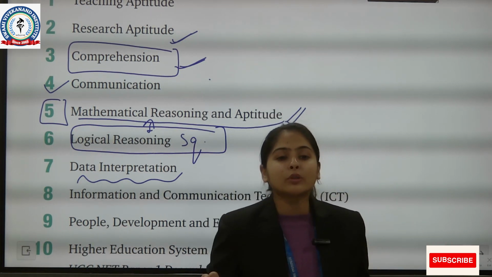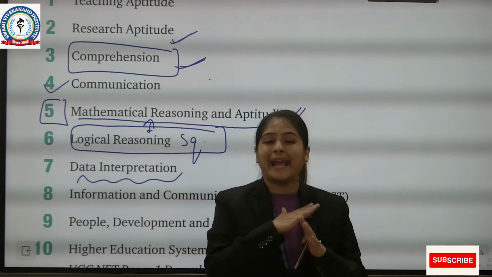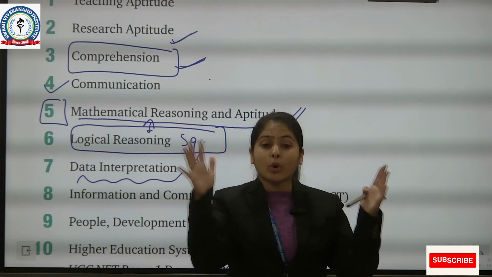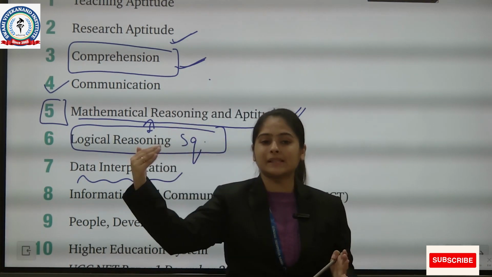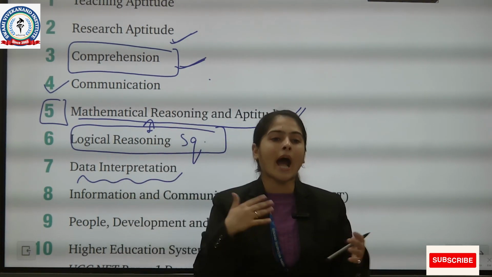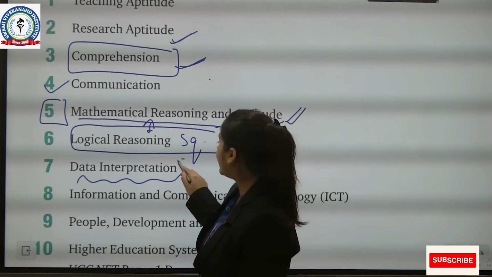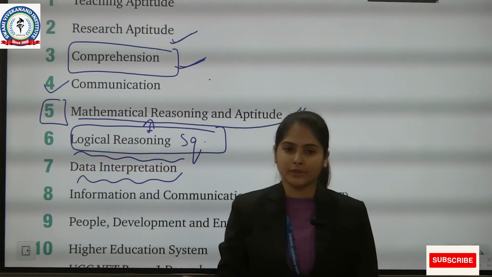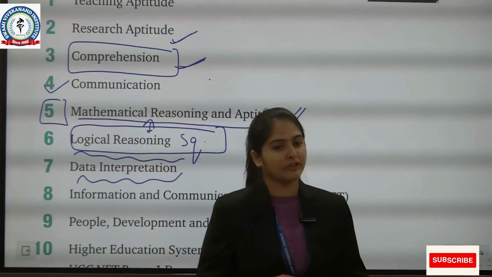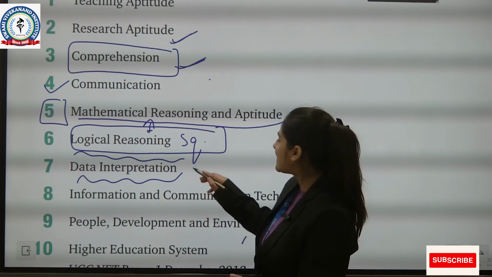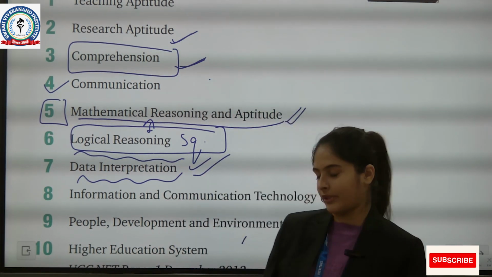They will give you a table with data about anything, for example a flow chart of vehicles and how many vehicles there are, and you have to solve it. I feel that in this unit, data interpretation, the famous quote that practice makes a man perfect completely fits.